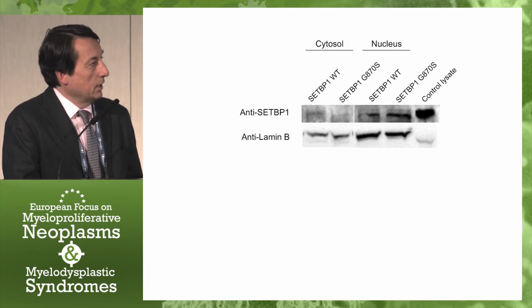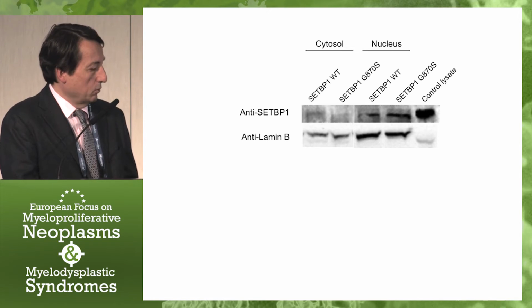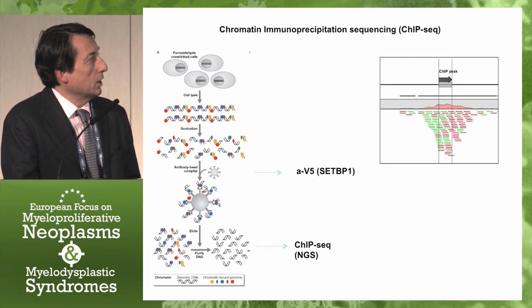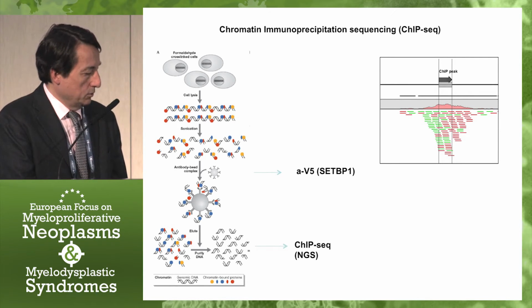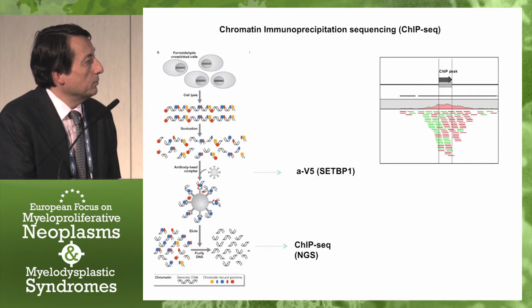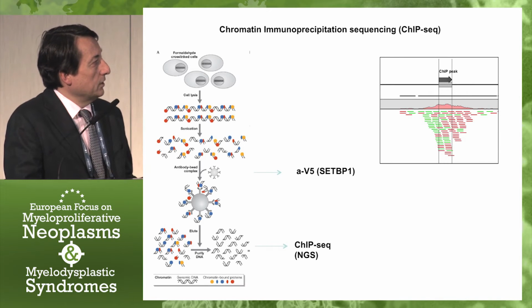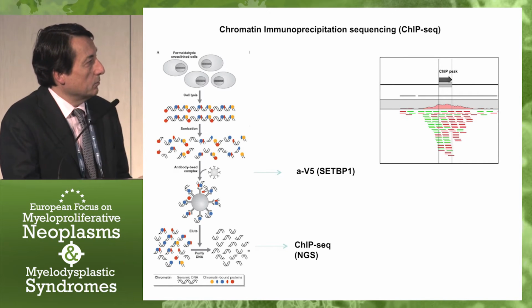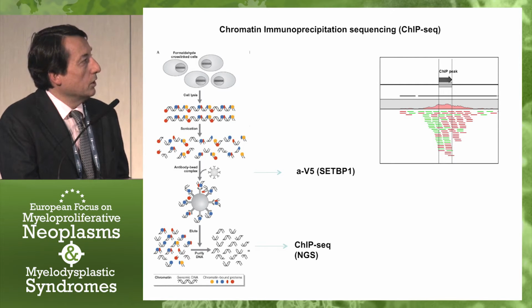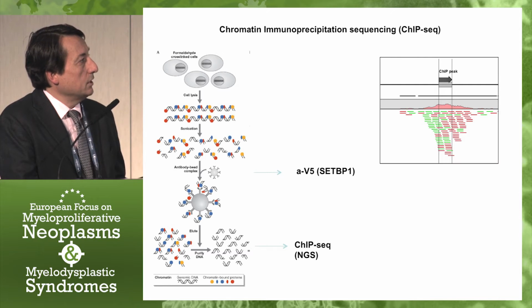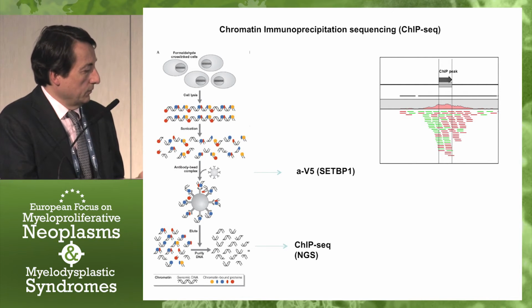And to investigate this point, we moved to ChIP-seq experiment, where we precipitate using an anti-SETBP1, or let's say an anti-tag antibody, and then we run a ChIP-seq analysis of all the DNA that is precipitated by the antibody. By doing that, we can see accumulation of sequences in a certain part of one gene.